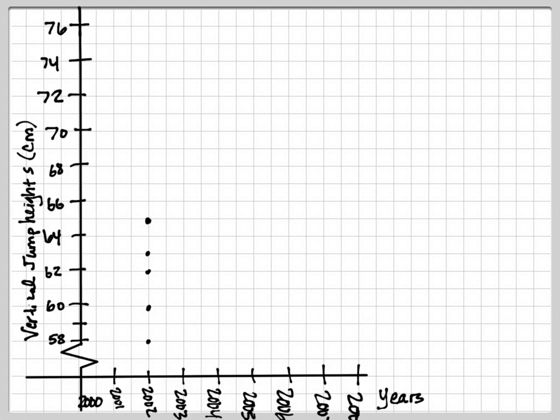Then we're going to jump over to the year 2003. For 2003, we have the next set of data values: 67, 65, 64, 66, and 62. And then the next one I have 67, 68, 66, 65, and 64.